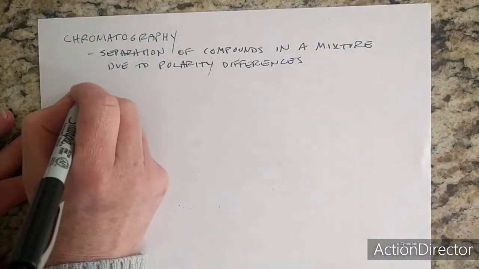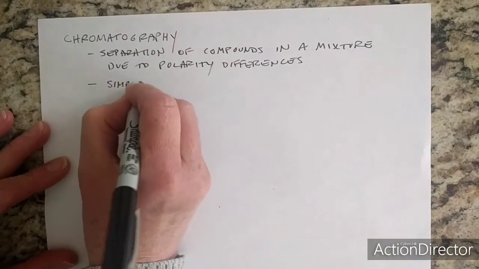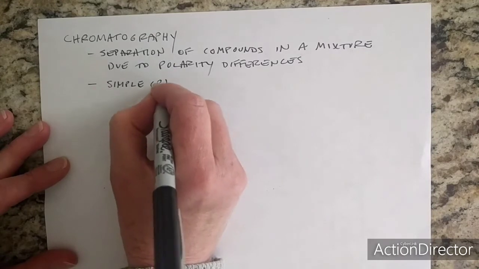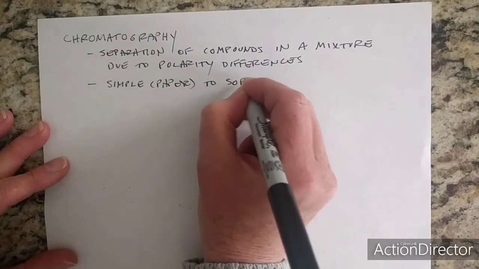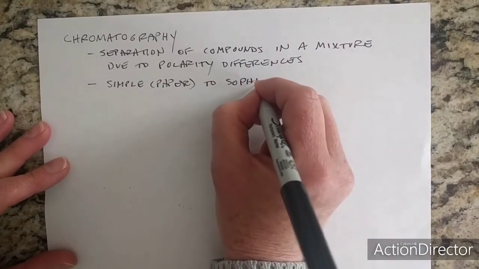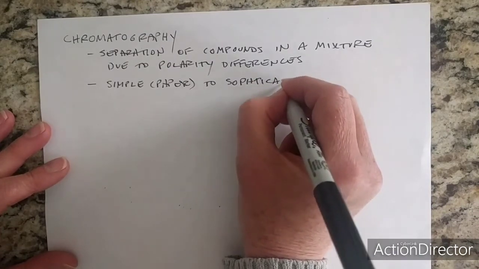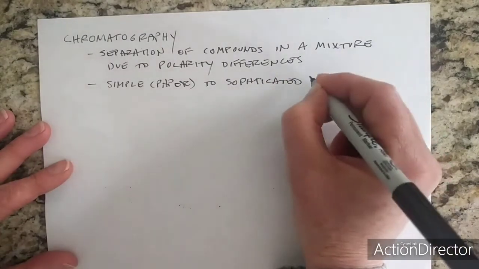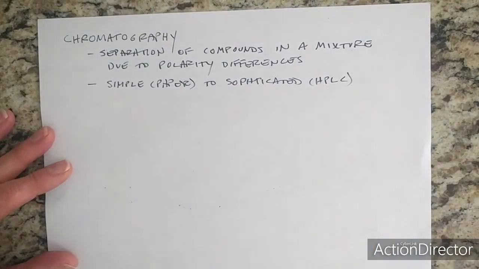So there's many different types of chromatography, from very simple chromatography, like paper chromatography, to very sophisticated. I don't know how to spell it. Sophisticated. Oh my God. Like high pressure liquid chromatography.